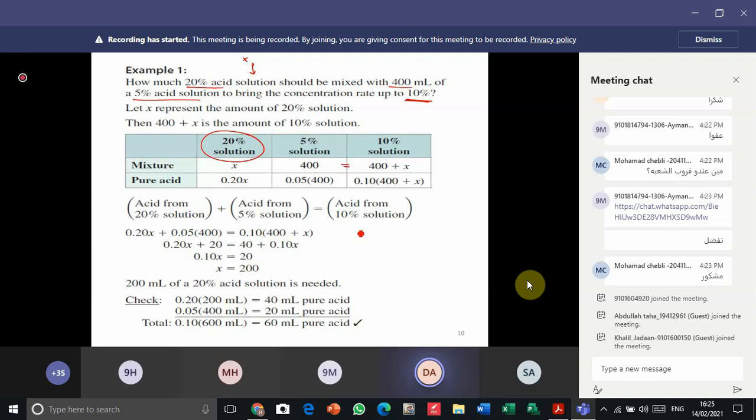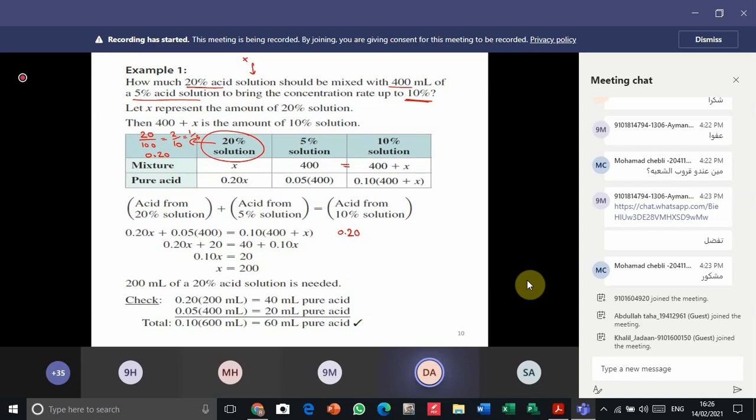We have 20%, we can write 20 over 100, or 2 over 10, or 1 over 5, or 0.20. We can put it in many forms. Okay, so we have 0.2 of what?